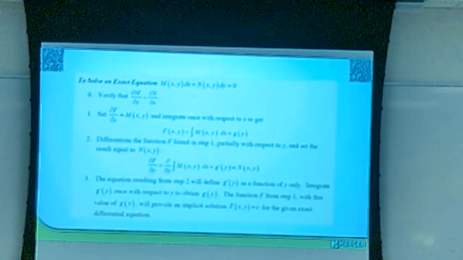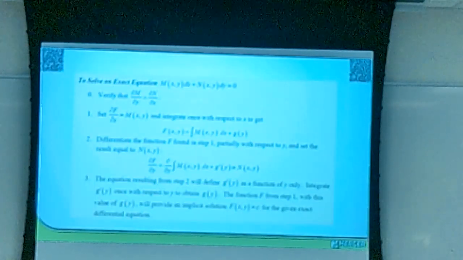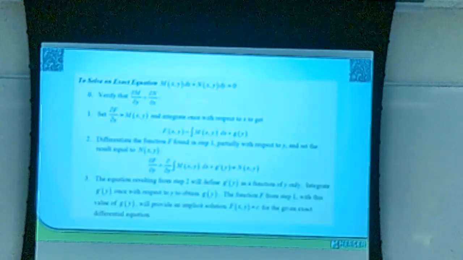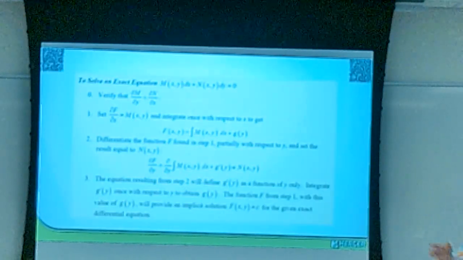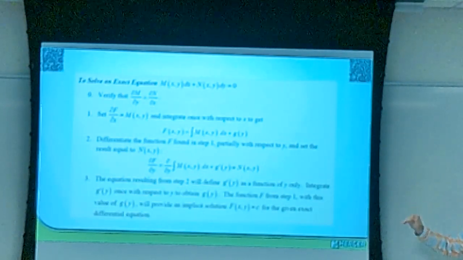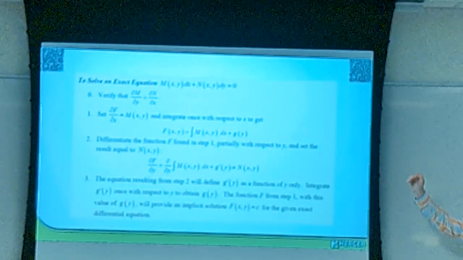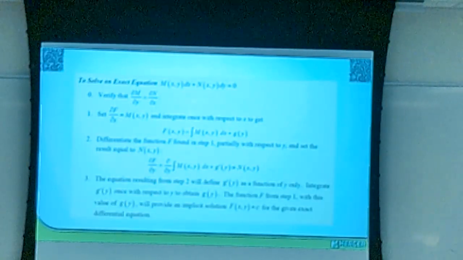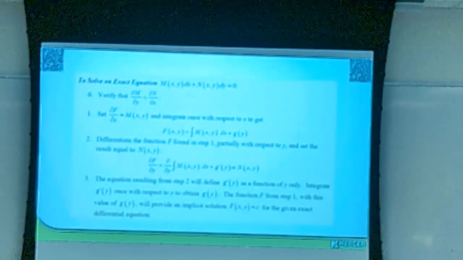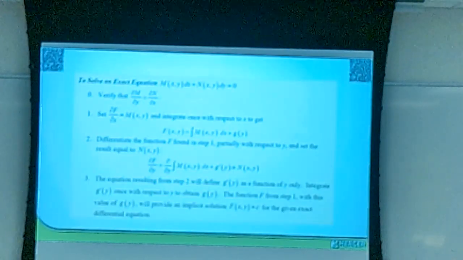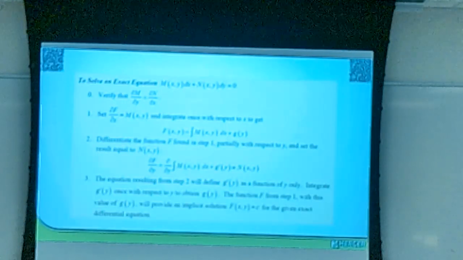If it is exact, you want to find your potential function. You've taken Calc 3, you've done conservative vector fields. You know that this isn't a strict process. You can do the partial with respect to x first or with respect to y first and integrate. If you're not familiar with it, you're probably going to follow this procedure step by step. You set partial f partial x equal to big M and integrate with respect to x.